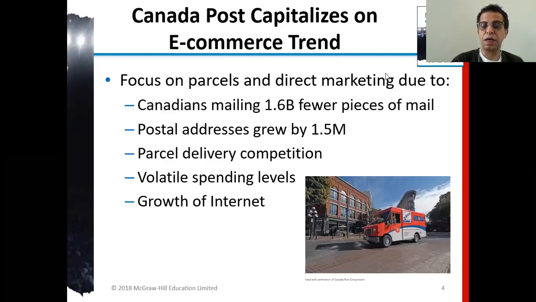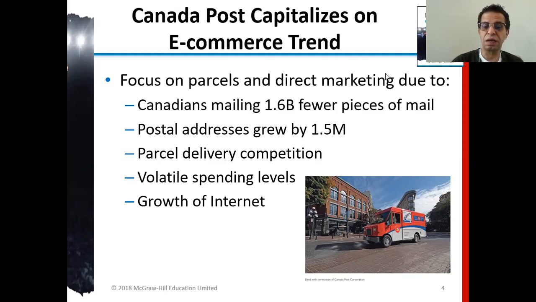You notice that Canada Post capitalized on the e-commerce trend recently, and the reason for that is the focus on parcel and direct marketing, due to Canadians mailing 1.6 billion fewer pieces of mail. So they mail less now.